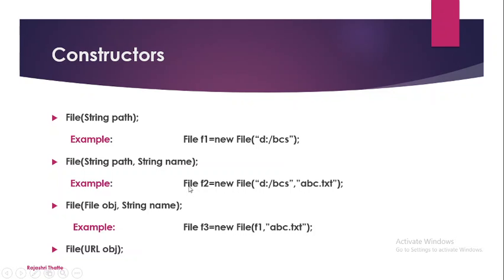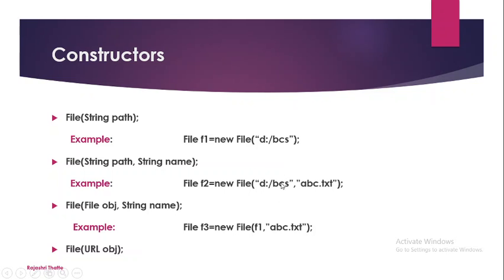So File f2 = new File. In brackets, see here I am using two string arguments. Out of that, the first is d:/bcs, the same thing I used earlier. So bcs is my directory on drive D, and this is my path.